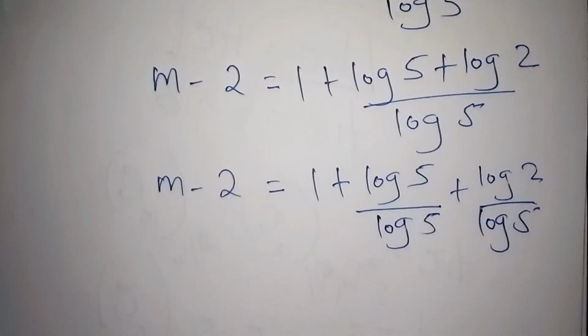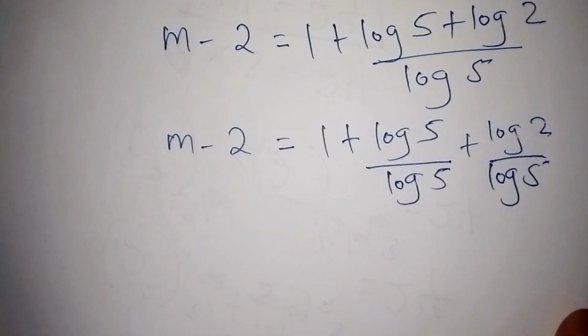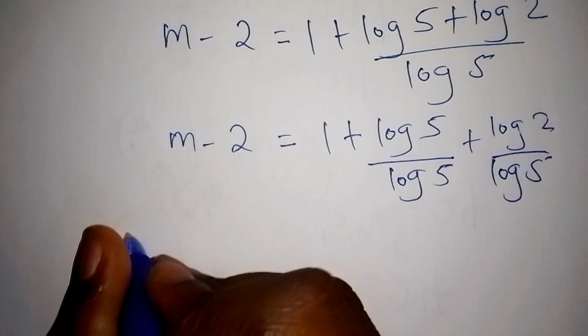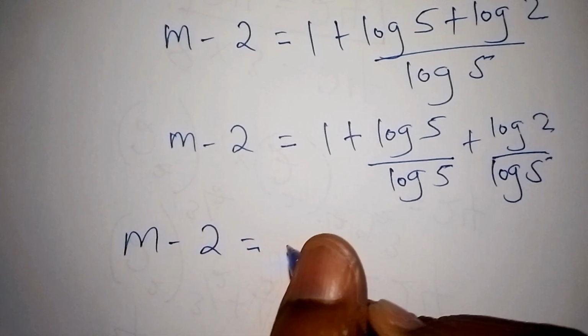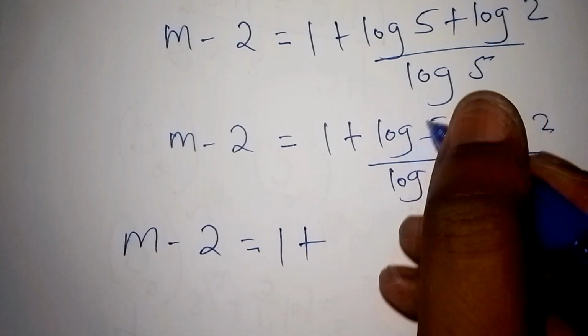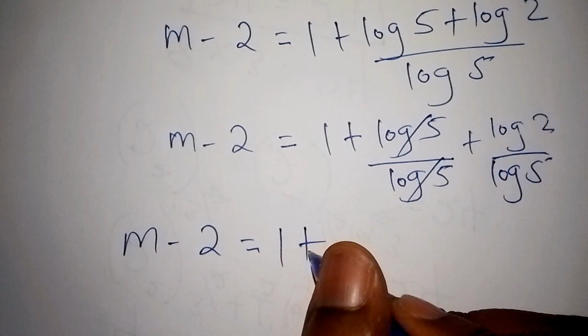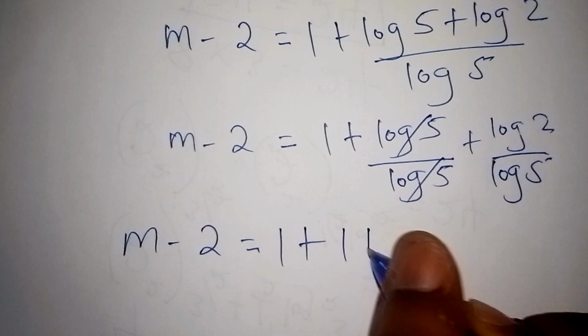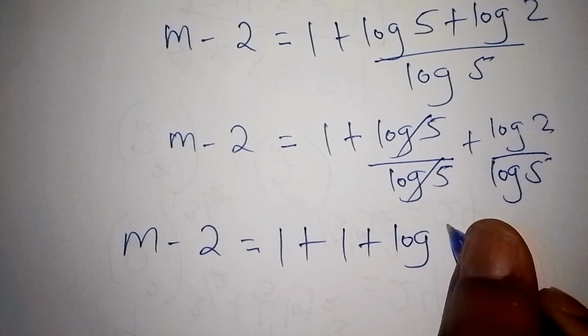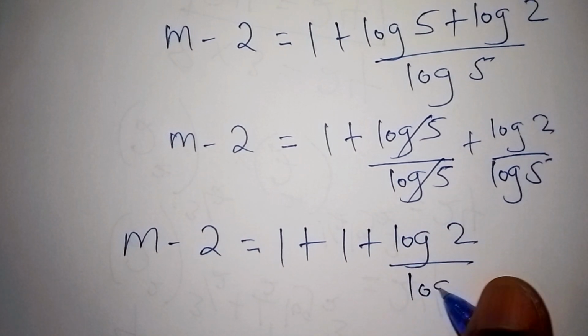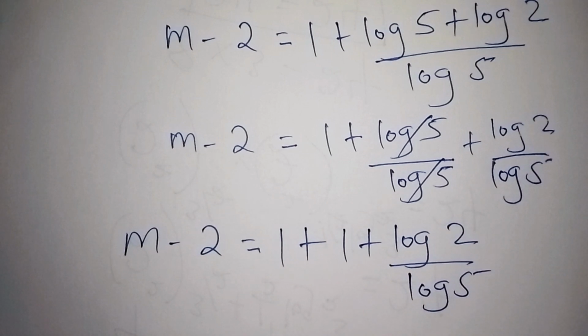So m minus 2 now is equal to 1 plus the log of 5 and the log of 5 cancel, so we shall have 1 plus 1, then plus the log of 2 all over the log of 5.